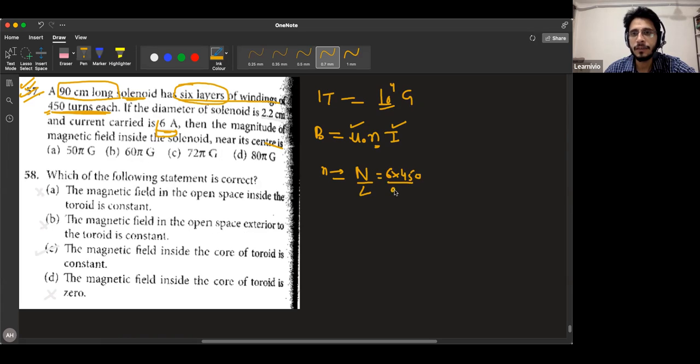L is 90 into 10 raised to the power minus 2. This will cancel this thing. 9 5s are 45. So this is 30 into 10 raised to the power 2. This is 3000 turns per meter. That's small n.